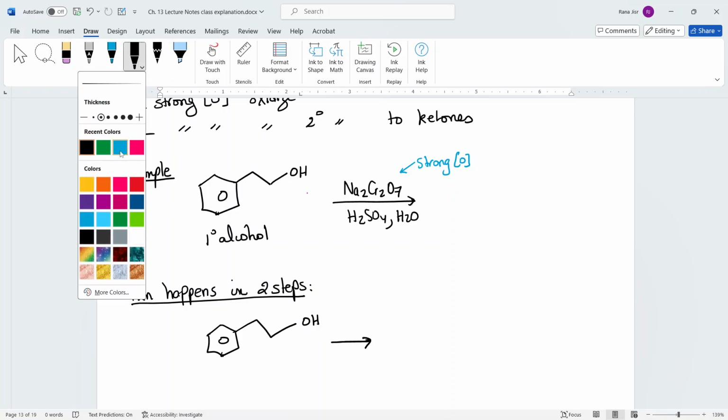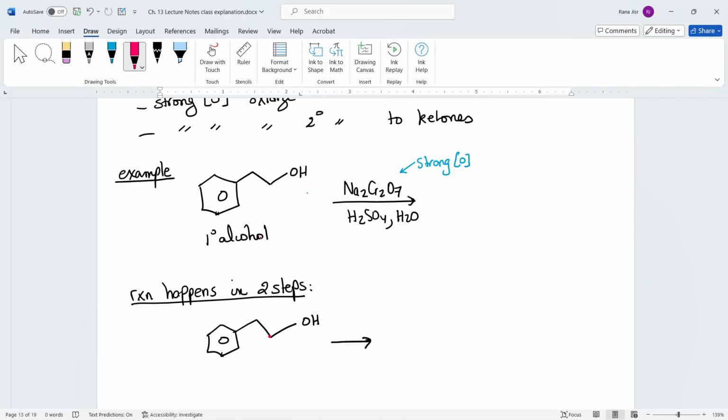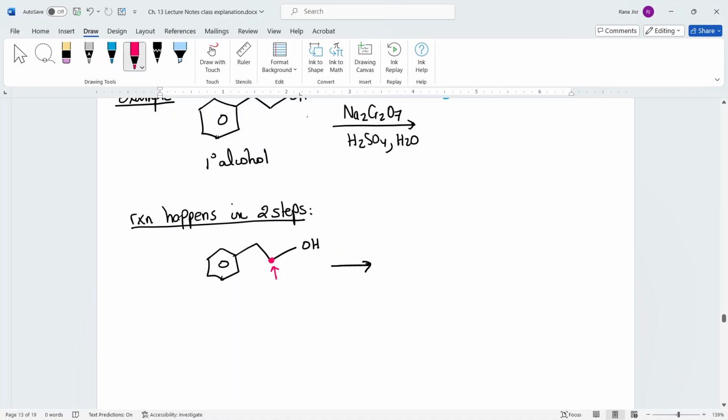To figure out the product, you need to locate the carbon that is connected to the OH. That carbon is going to be your reactive site. The rule says that the carbon is going to lose a hydrogen.